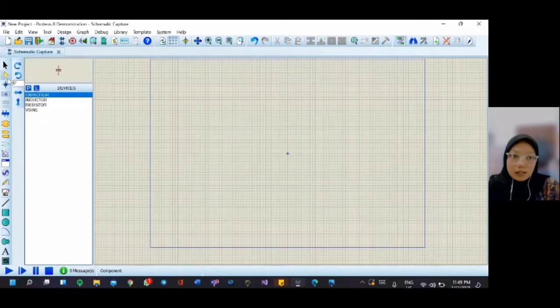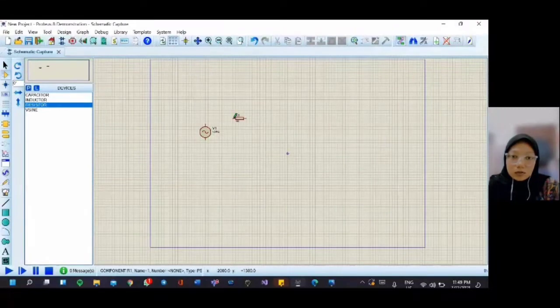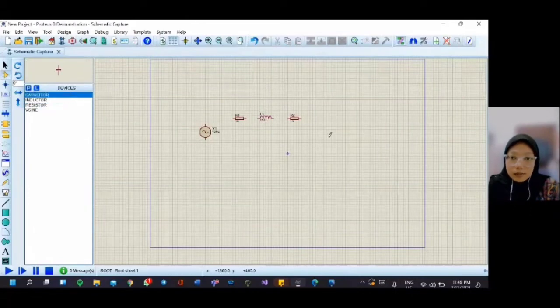To build the circuit, we need a V sign and 2 resistors, 1 and 2, and there is an inductor between them, and also a capacitor here.